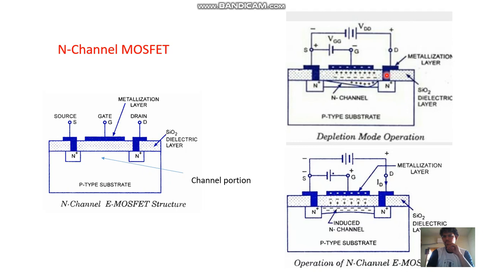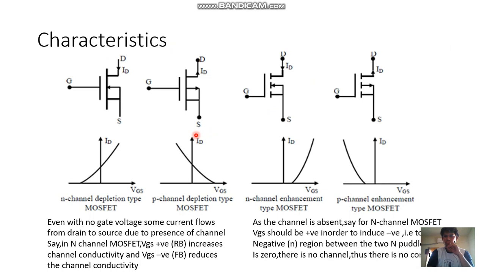So this is P, this is P. Here positive should be induced to build the channel, but to reduce this channel, negative should be induced. Negative should be induced means we have to give positive. So your curve is like this for the P channel MOSFET. For the P channel MOSFET the arrow is like this, and for the N channel MOSFET the arrow is like this. So for the depletion-enhancement type, this is the characteristic.